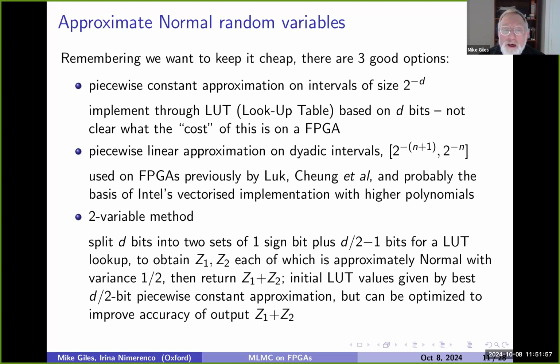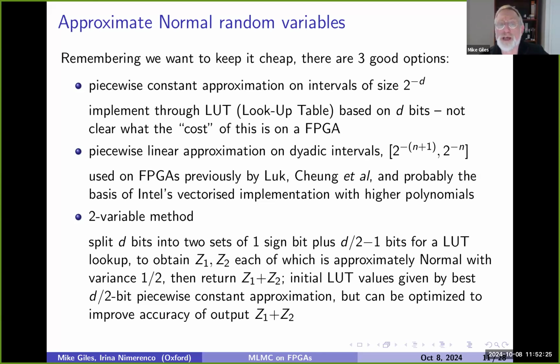So this is where you read the literature and you have a ponder. There are various ways in which we can convert uniform random numbers into approximate normals. The key thing here is we want something which will be cheap to implement on the FPGA.